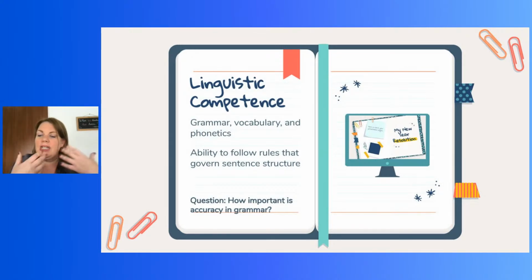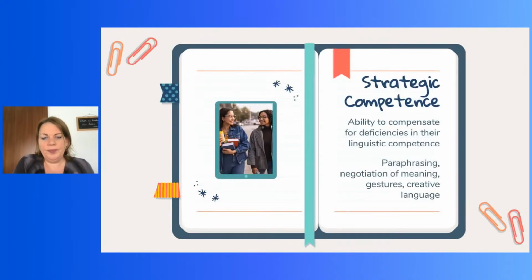Yes, we should teach the language according to prescriptive rules, according to grammar rules, but we can't always expect 100% accuracy. And if the students are able to communicate messages, this should be given a lot of importance, right? Okay. Thank you for your comments in the chat. Thank you, Viviana. For those of you who are commenting, thank you.